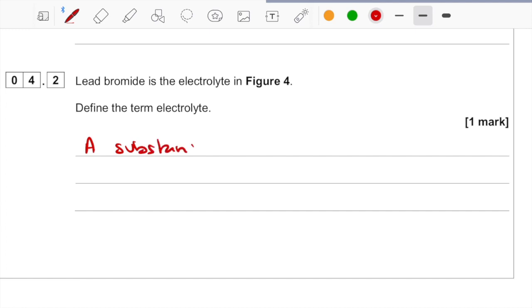There's not really much of an explanation here. A substance broken down by electricity or by electrolysis. I think that's just one of those definitions.